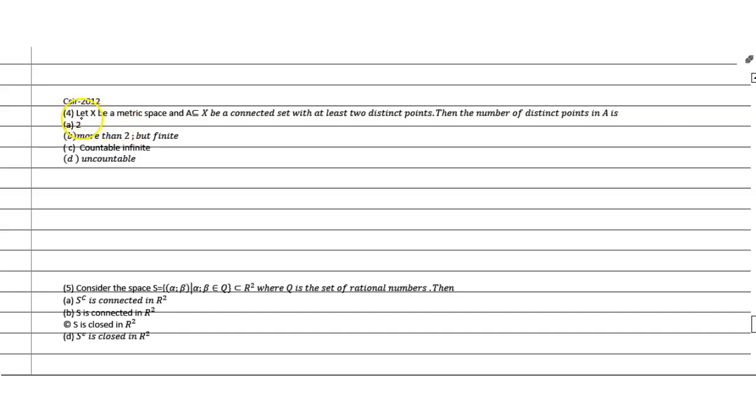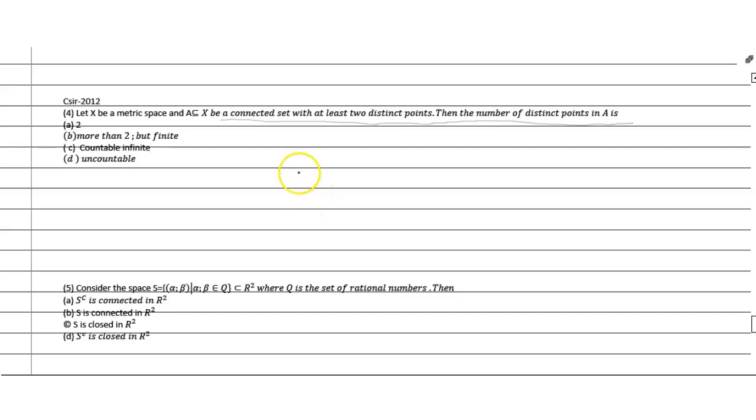CSIR NET 2012. Let X be a metric space and A a proper subset of X be a connected set with at least two distinct points. Then the number of distinct points in A is? How can I find out the number of distinct points?